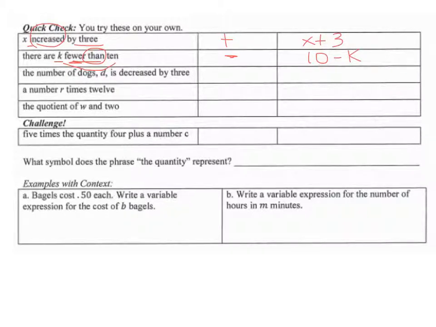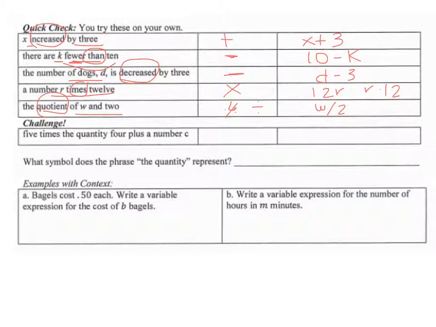The number of dogs d is decreased by 3, decreased means go down, so it's going to be d minus 3. R times 12, times means multiply, so I'm going to have 12r, or r times 12. The quotient means divide. The quotient means divide w and 2 and go in that order.